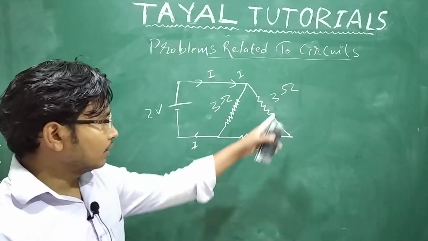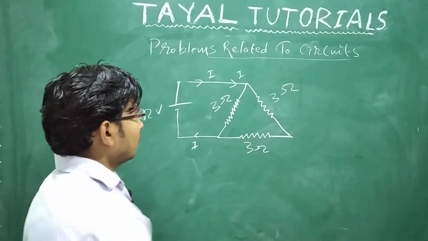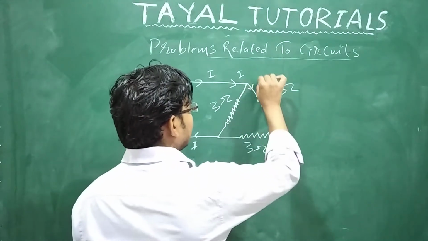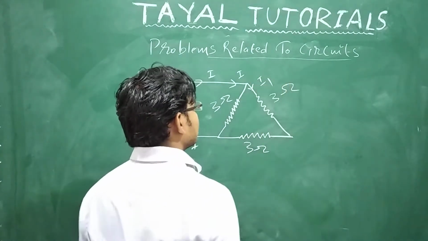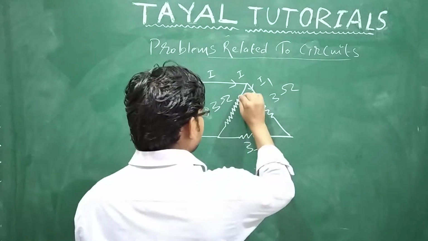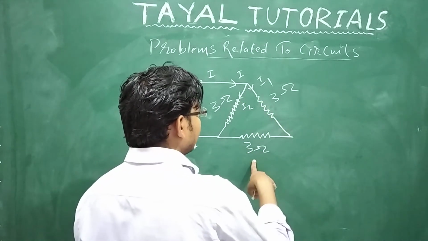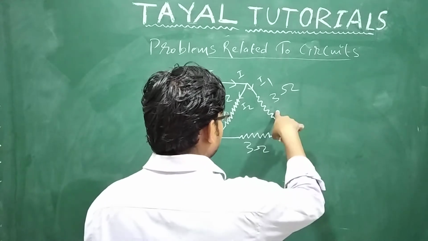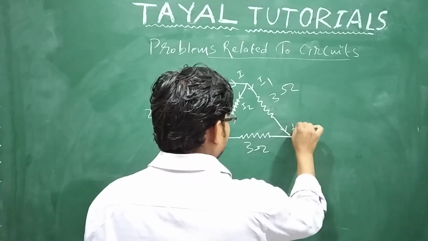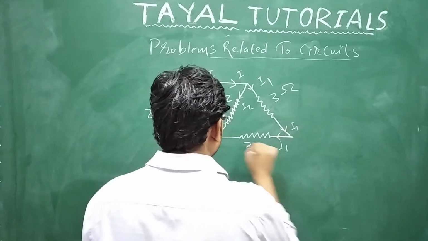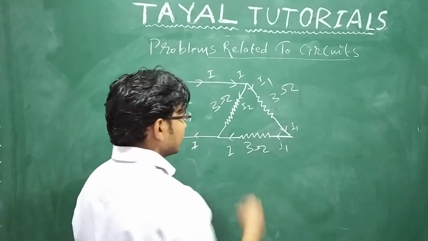Why? Because when the current comes, let's say the current in this branch is I1, and in this branch I2. The current in the 3 ohm and 3 ohm will be the same, because up to here it's I1, and here I1, and here I1.